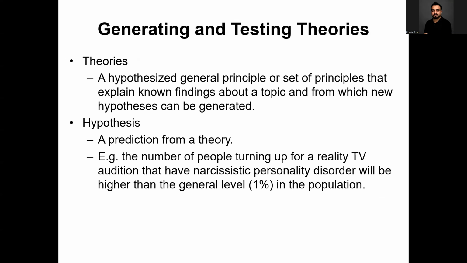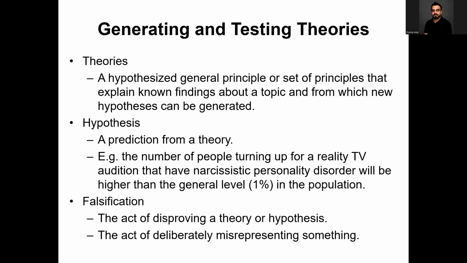The theory is that the people turning up for a reality TV audition that have narcissistic personality disorder will be higher. That's a theory. But we hypothesize that that number will be around 1%. So that's a hypothesis which is generated from a theory.